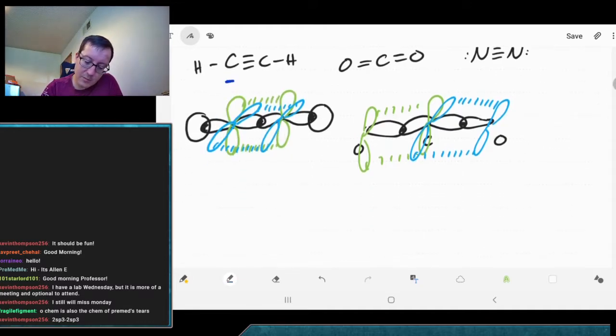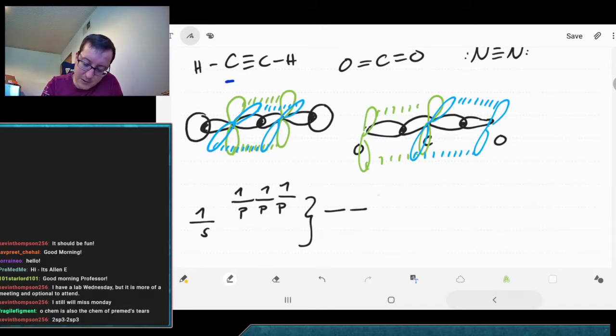If we look at the hybridization, since we only have 2 sigma bonds per carbon, we're going from our original configuration, hybridizing to have 2 sp orbitals and 2 p orbitals.